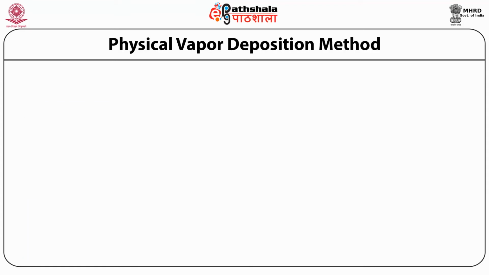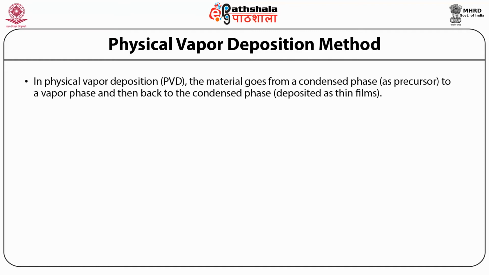The next deposition method is the physical vapor deposition method. Physical vapor deposition includes a group of vacuum deposition techniques which are employed to synthesize thin films as well as coatings.